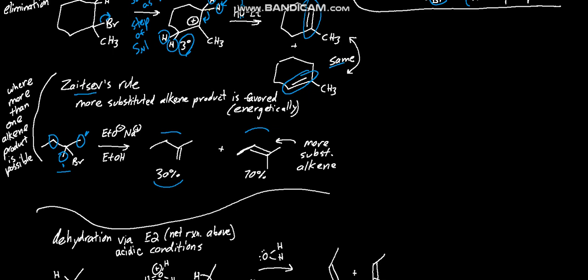Take a look at that for a few minutes to convince yourself that that's true. Zaitsev's rule says that the more substituted alkene is produced in higher amounts. Now, in many cases in chemistry, if you get the less substituted alkene under some conditions, I'll refer you to the book on that, we would call that the Hofmann product, the Hofmann elimination product.